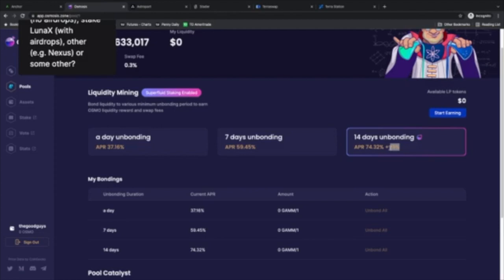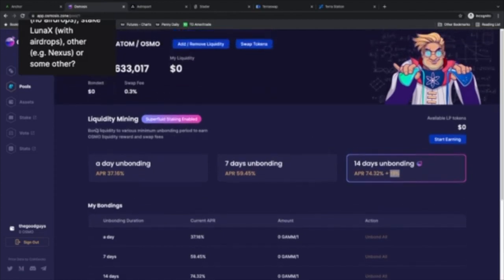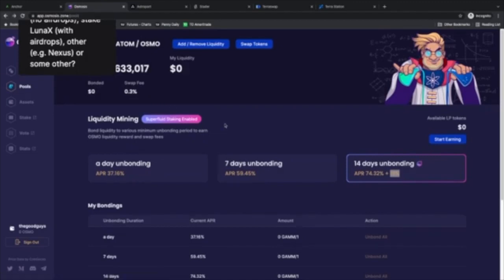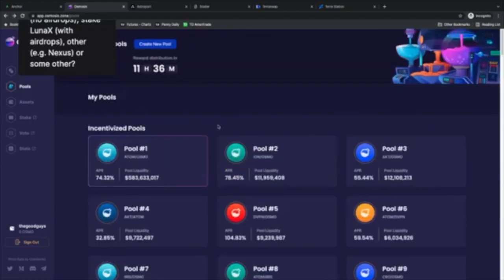Yeah. So if you borrow, for example, off your Luna, and you figure you can make more money elsewhere, then you can take that UST, like he said, and either use it to buy more Luna, or go to Osmosis and participate in different things there. All of those things have different styles of risk and different styles of yield.